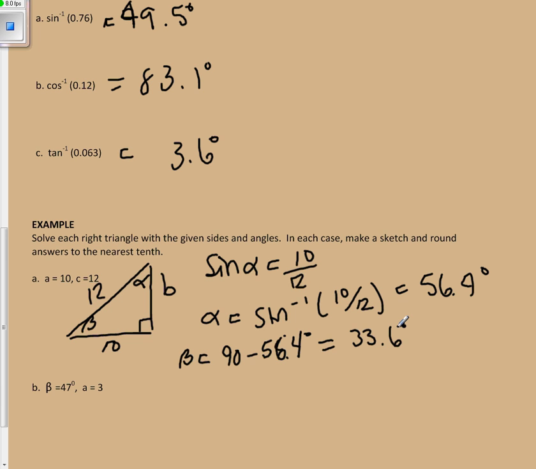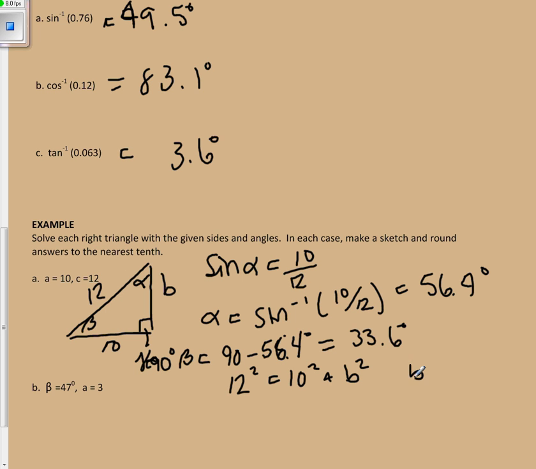So now I've got the gamma, which we know is 90 degrees. That's this one right here. So this is gamma, so gamma equals 90 degrees. Beta is the 33.6, and the alpha is the 56.4. The only thing I'm missing now is my side B, and I can use Pythagoras to do that. So 12 squared is equal to 10 squared plus b squared.